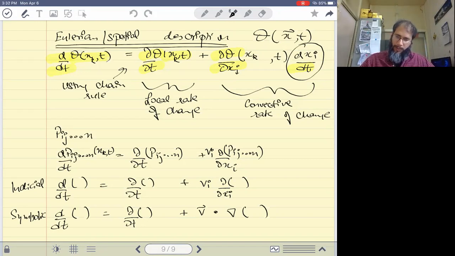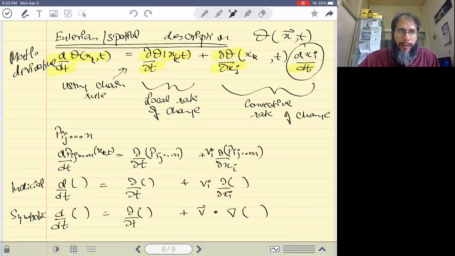Now I can give you one quick example, and that will make things clear. Remember that on the left hand side it's a material derivative, which we actually defined as a property that you measure by sitting on some particle.